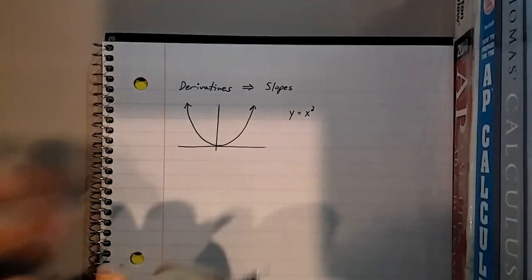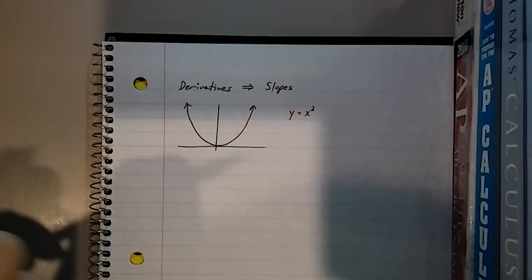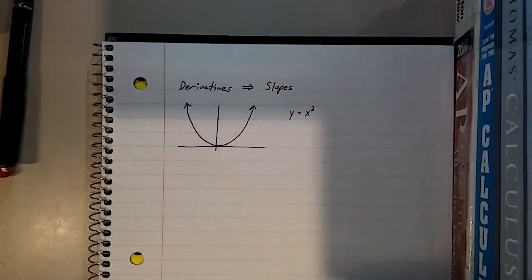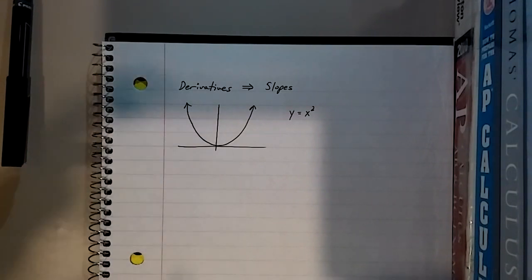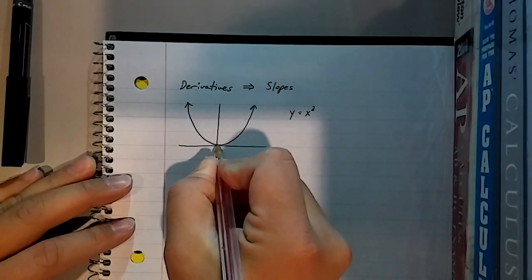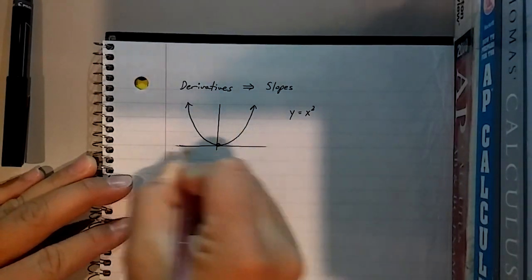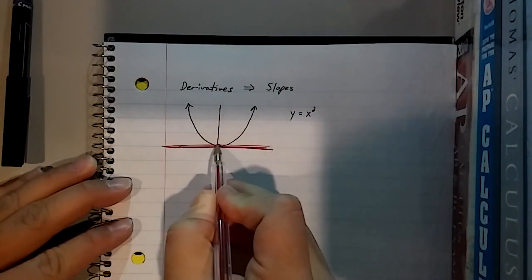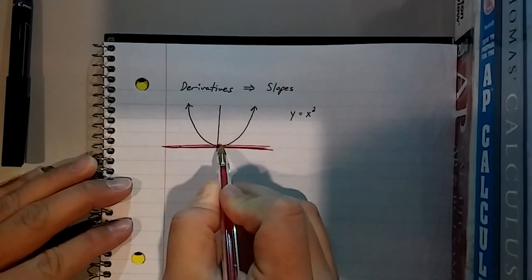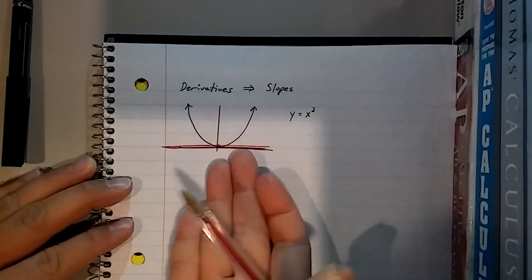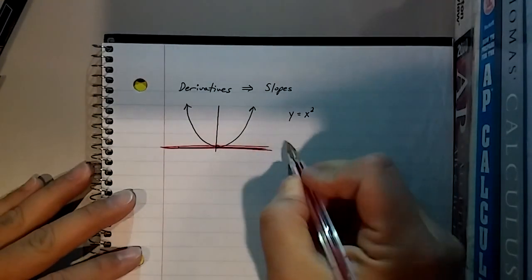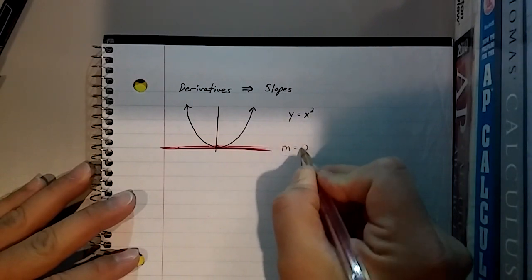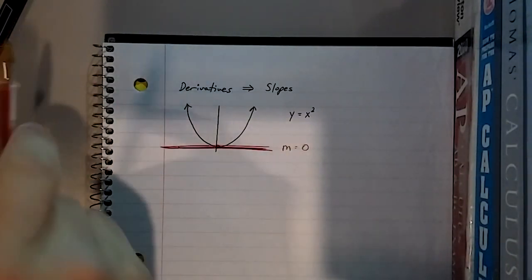y equals x squared, and if you don't know, a tangent line is a line that touches a curve at only one point. So if I said that line, which is only touching this parabola at only one point, what is the slope of that line? And if you said 0, that's a good sign.